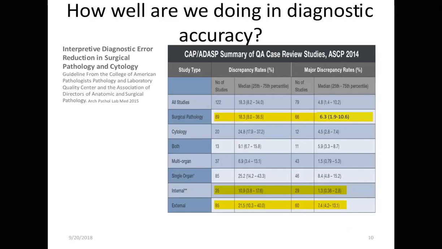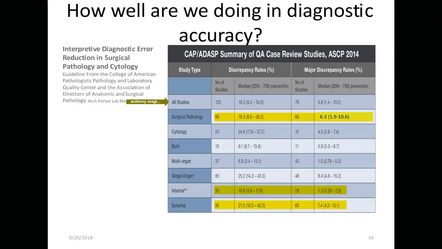How well are we doing in diagnostic pathology? So here's a CAP, ADASP summary of case review studies. Numerous case review studies were reviewed in this meta-analysis, and this was published in 2014. We can see at the top that there were 122 studies that were combined.